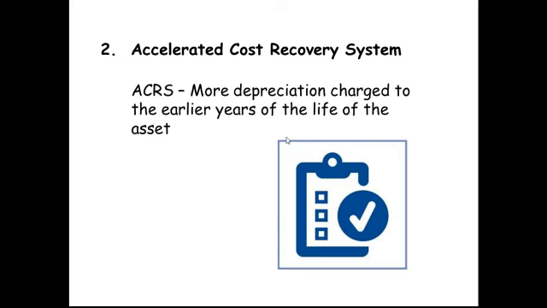The other types, which we're not going to make you know too much about, except just knowing there are two other types. One is the accelerated cost recovery system. That usually means that you pile up most of the depreciation in the early years. Some businesses prefer to do it that way, but we won't be working with anything like that here.